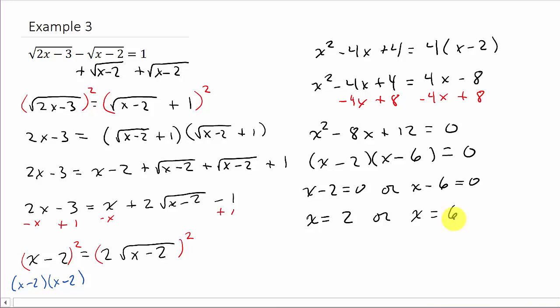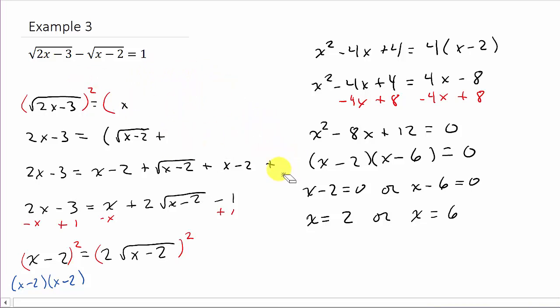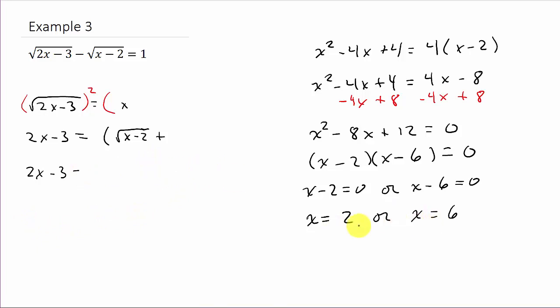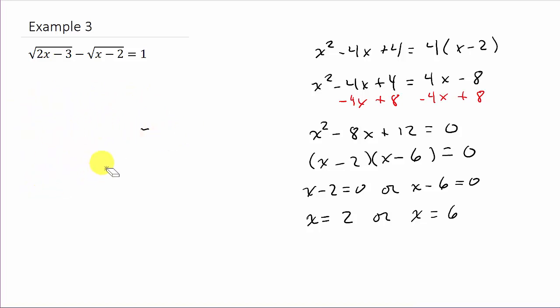Now, remember, if you square both sides, okay, raise both sides to an even number, you have to check your solutions. So we have to take each one of these values here, and we have to plug them back in to the original. Okay, always take it and plug it back into the original equation.